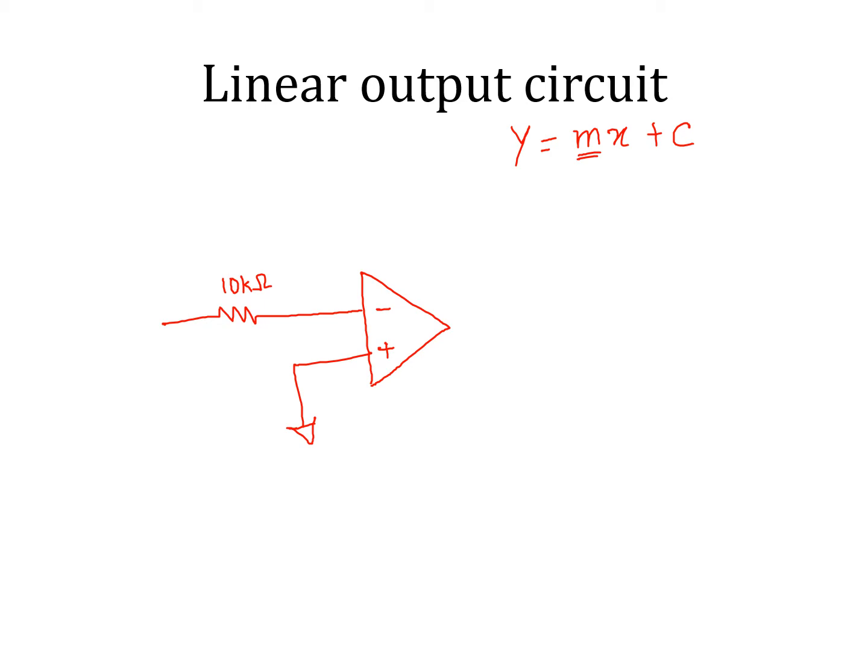Let this be 5 times. So it is 5x plus C. Whatever the signal X voltage, that will get multiplied 5 times. To get it multiplied 5 times, we will use an RF value equal to 5 times the R1, that is, it should be 50 kilo ohm.